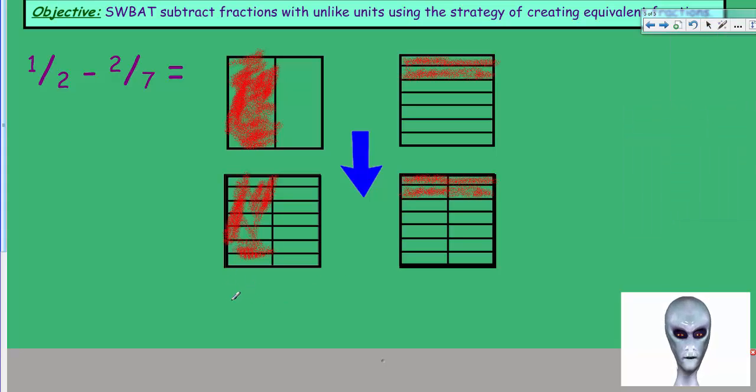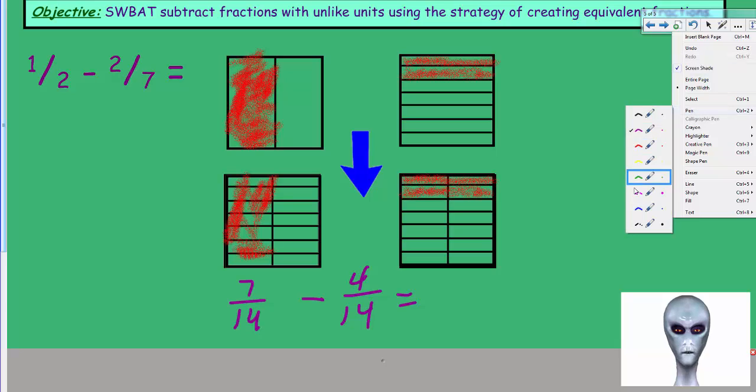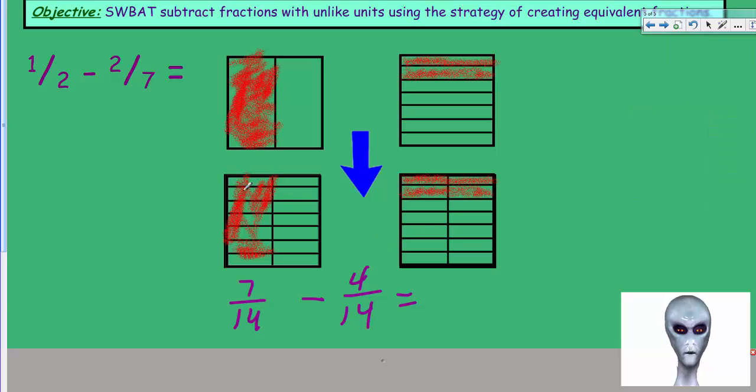We have 7 out of 14 minus 4 out of 14. Now this is again what we've done before. Let's show on our model us taking away, subtracting 4. So here's 1, here's 2, here's 3, and there's 4. And what does that leave? 1, 2, leaves 3. 3 out of 14.